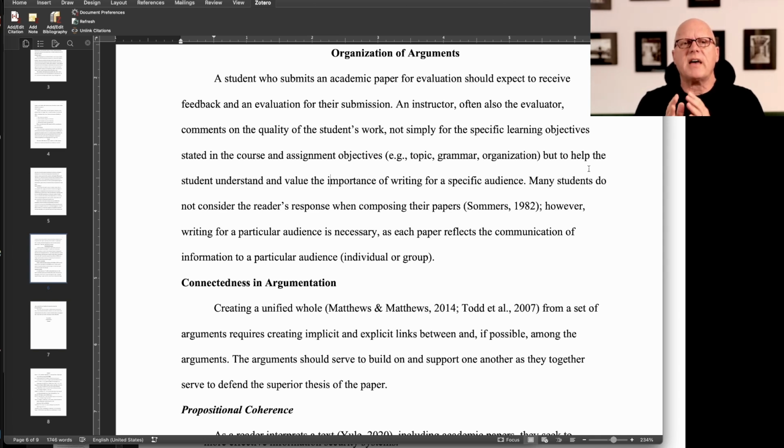I think that each student who submits a paper in response to an assignment should receive two things. One, specific feedback on what they did well in their paper and how they can improve their work. And two, some type of notation of evaluation.